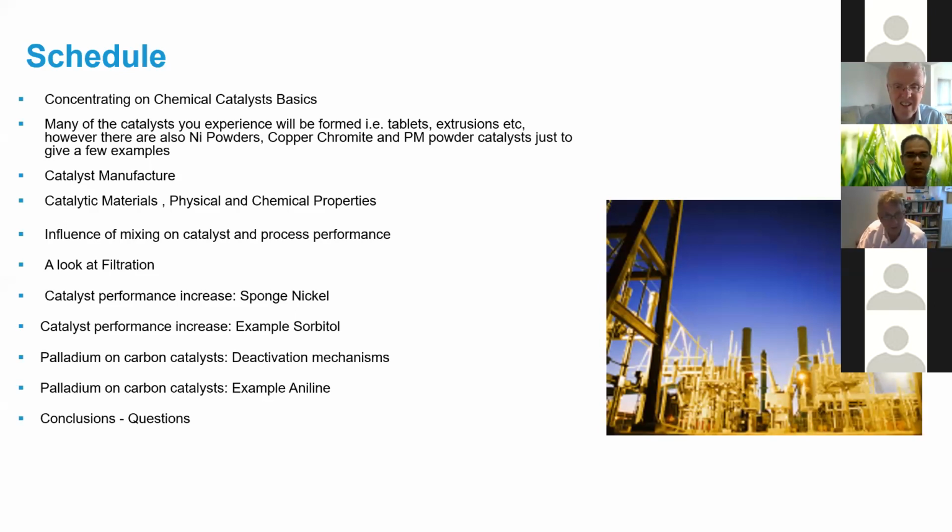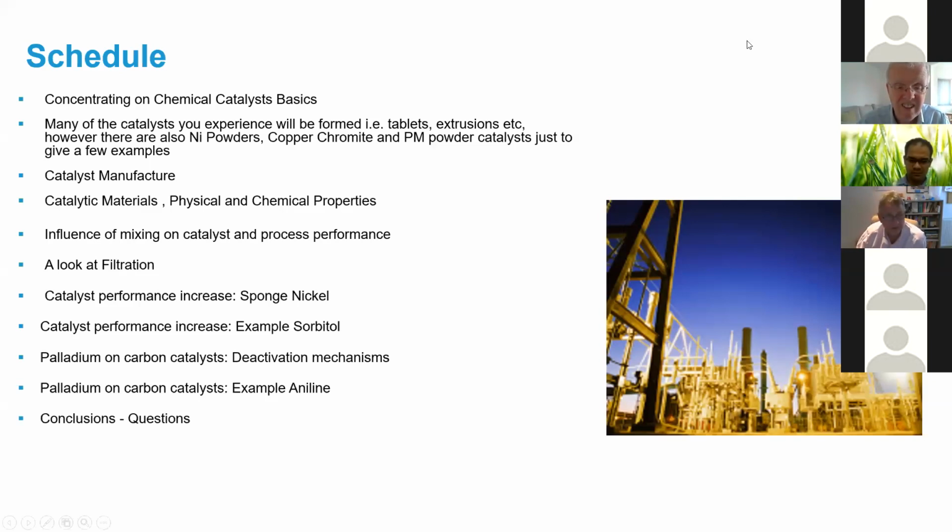I'm going to show you a little bit about catalyst manufacture, some of the materials that are used, look at the influence of mixing, just touch a little bit on filtration, because unlike what Chris was talking about, where you have a fixed bed reactor, there's no catalyst separation issue there. You just unload by vacuuming or by gravity when you change the catalyst.